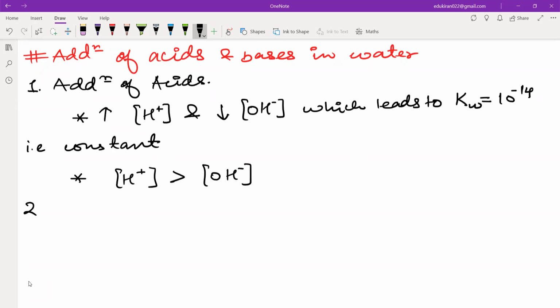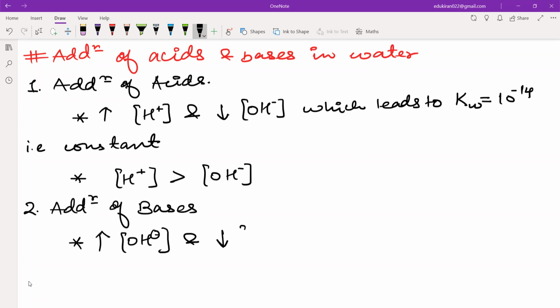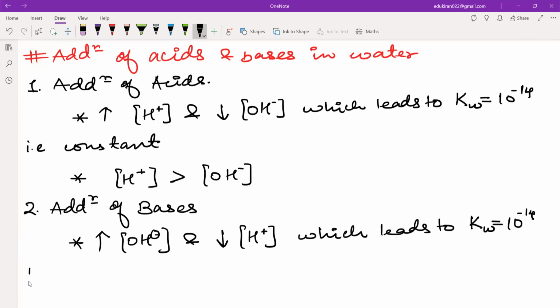Okay. Second is addition of base. So in addition of base, what is going to happen? There will be an increase in the concentration of OH negative, and there will be a decrease in the concentration of H positive, which leads to Kw equal to 10 to the power of -14, that is constant.